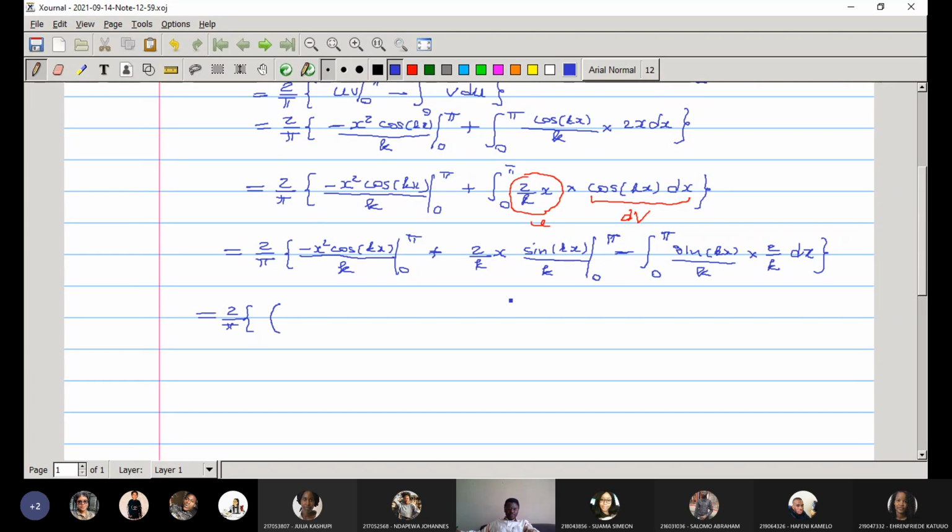So this will be 2x sine kx. Now this one we can multiply by k to reduce both to the same denominator k squared. So we multiply numerator and denominator by k.